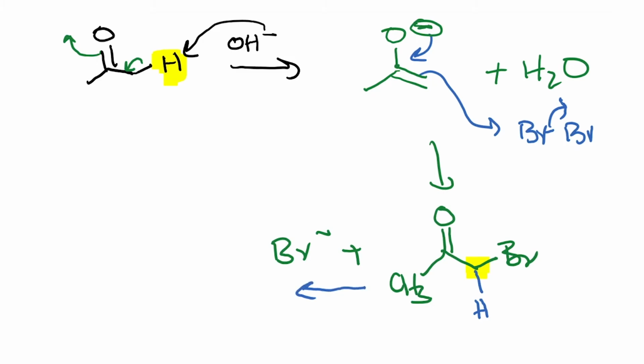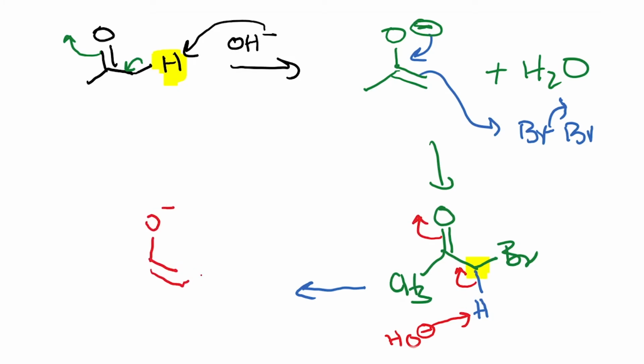So if you see here, let me just remove this bromide because we have already covered that part. But imagine that hydroxide ion attacks here, and you generate the enolate, right? So the enolate that is actually produced is O minus, right? And Br.